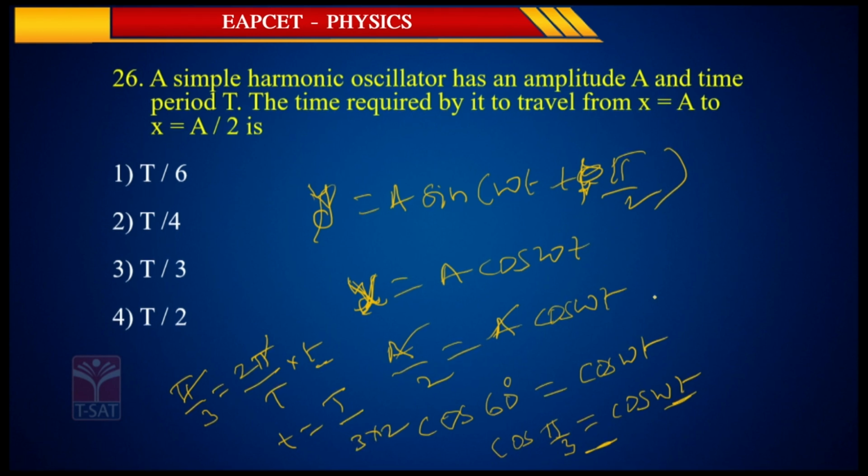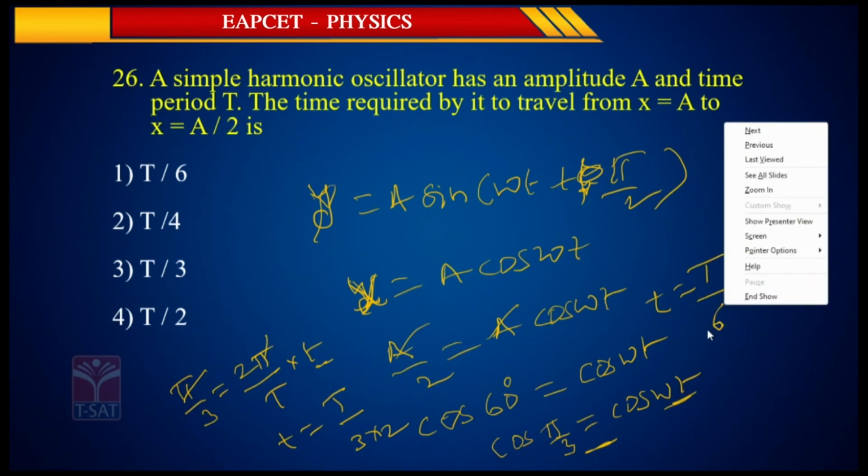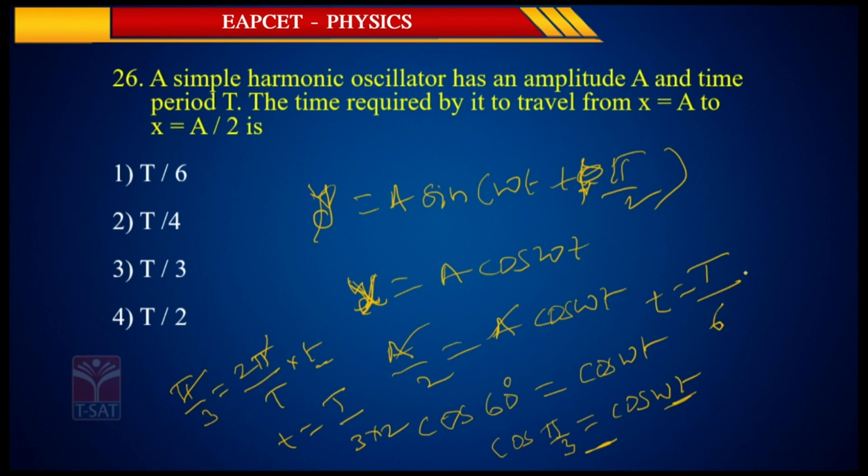Therefore, t is equal to capital T by 6. That is the option. See, children, the option is there. Where is that? The first option, T by 6. Okay? Right. I hope that you are understanding this equation.